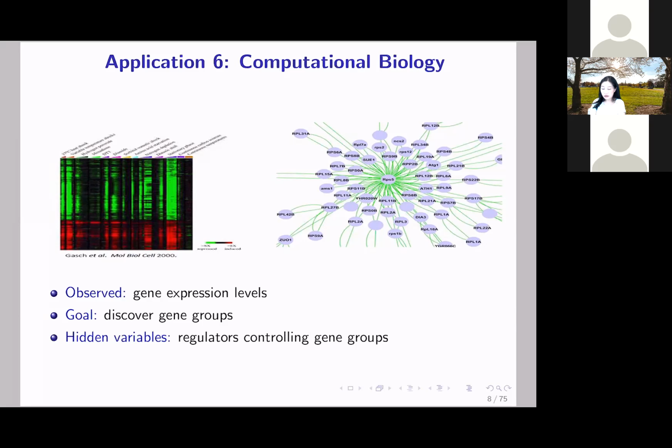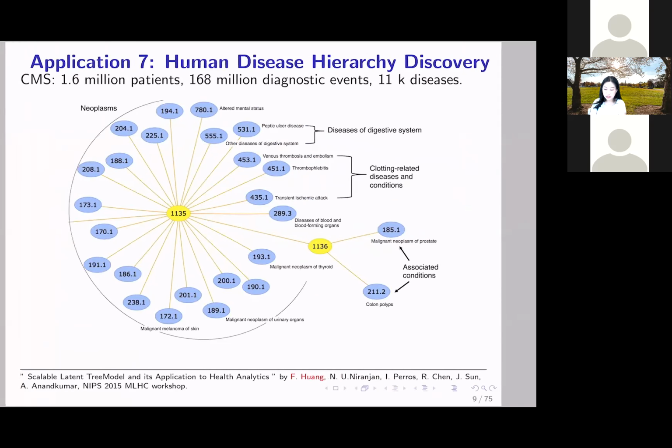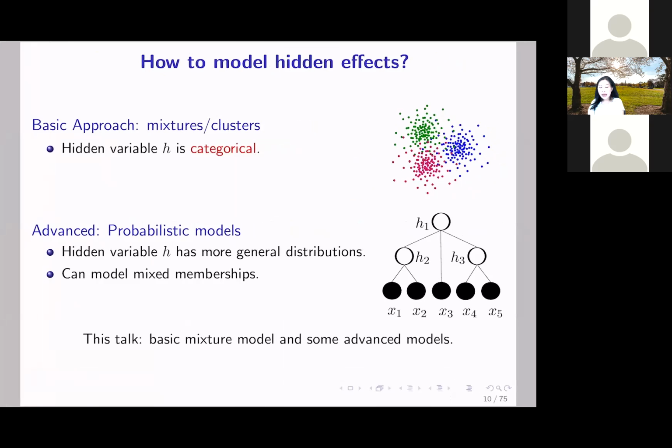Instead of documents, you're observing gene expression levels. Instead of trying to discover topics, you're trying to discover gene groups and so on, okay? So yet another application is the human disease hierarchy. This is actually some previous work from my group, but I don't want to go too much into detail here.